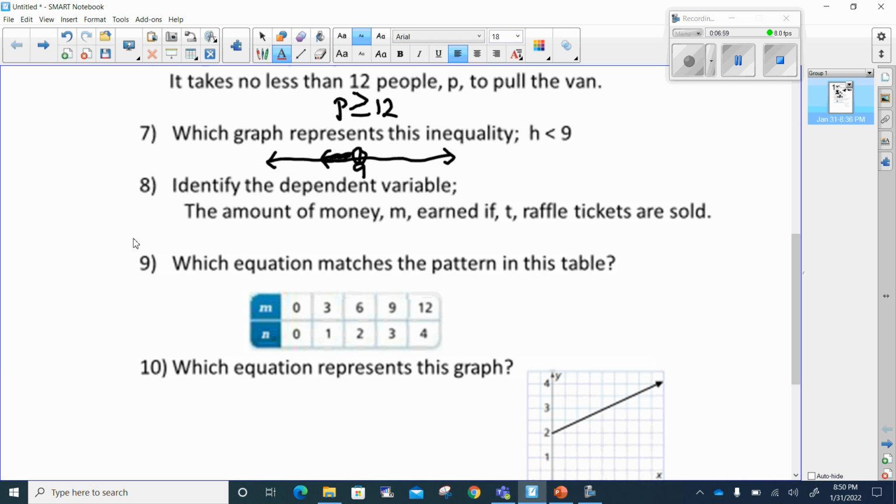So M is the dependent variable, and T is the independent variable.